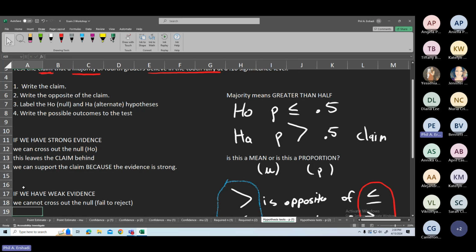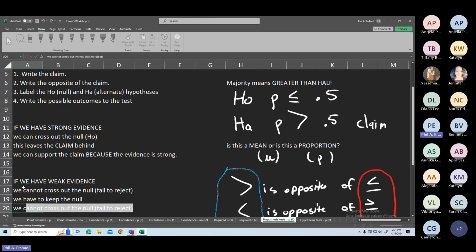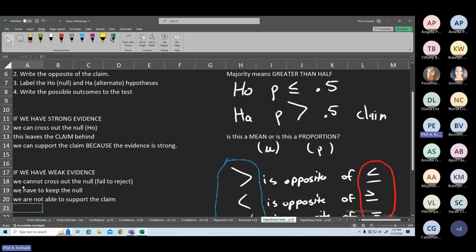What that means is we don't have strong enough evidence to be able to cross the null out. That means we have to keep the null. And that also means we are not able to support the claim. And the reason we can't support that claim is because we don't have enough evidence.